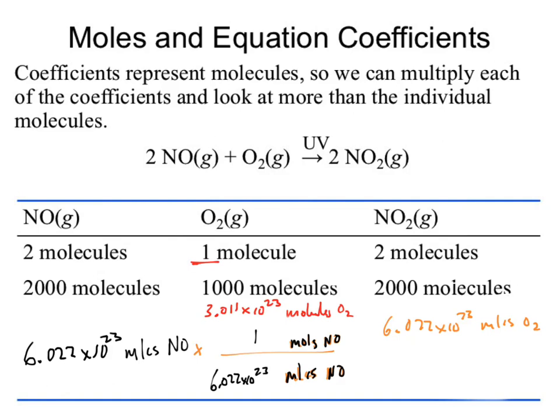How many moles of NO did I start with? 1. I took this crazy number, 6.022 times 10 to the 23rd, and I made it 1. Okay, 1 what?